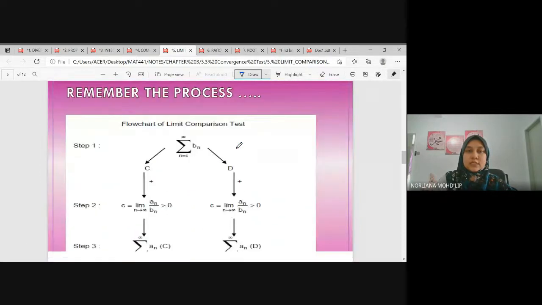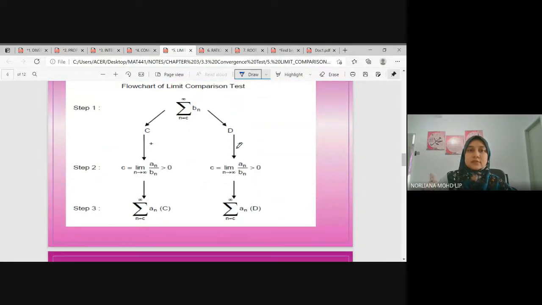So the process of flowchart, first find bn, then test the convergence of bn. If converge, then we find the c, limit of an over bn, must be greater than 0.